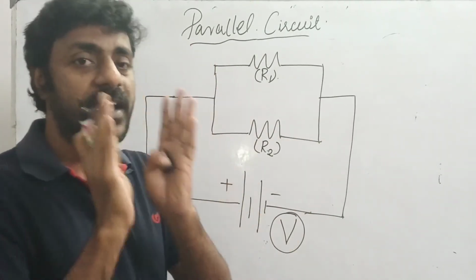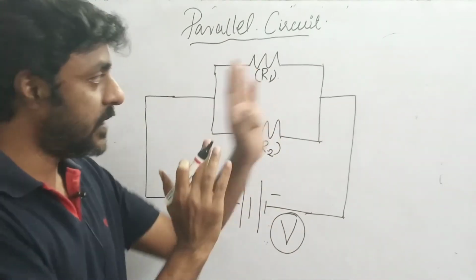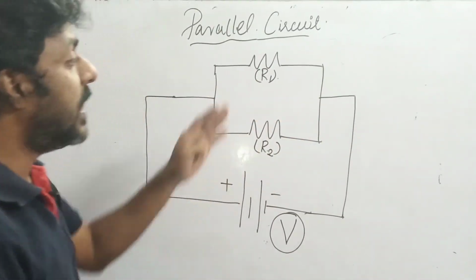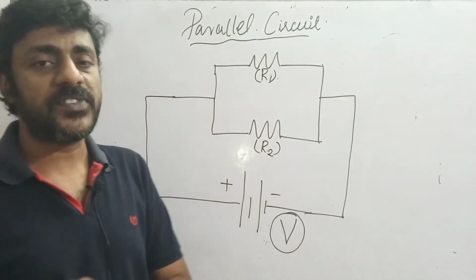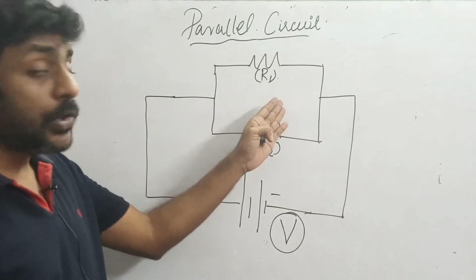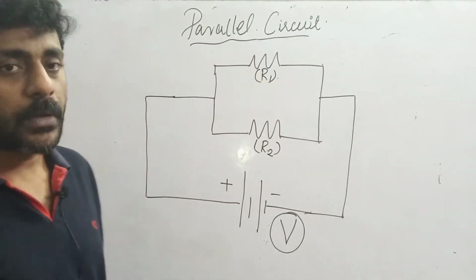This is the basic ideology present in a series circuit. But in the case of a parallel circuit, it is just the vice versa. In a parallel circuit, the current will be different, but the voltage will be the same.